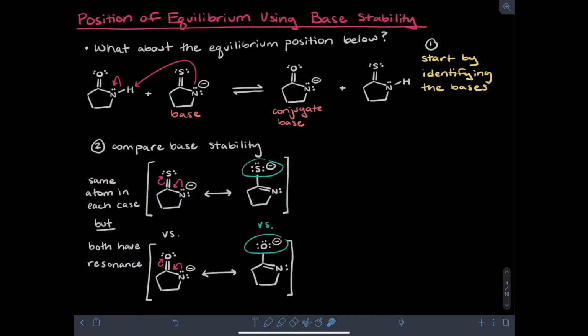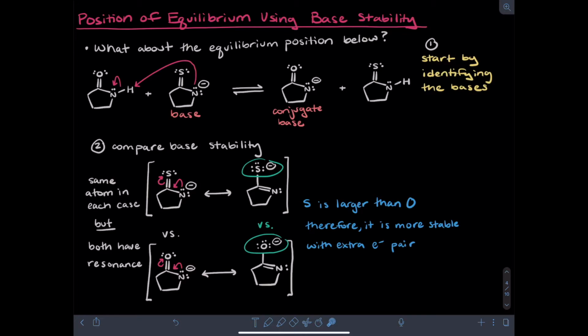Notice now I'm comparing two different atoms with negative charge, sulfur versus oxygen. You want to look at the periodic table to determine where these atoms are relative to each other, and sulfur is in the same column as oxygen, directly below it. Because it's lower on the periodic table, sulfur is larger than oxygen.